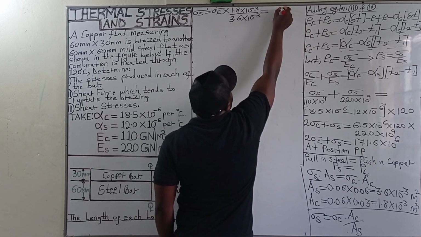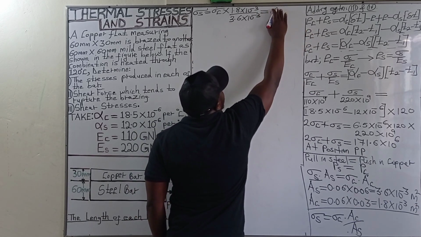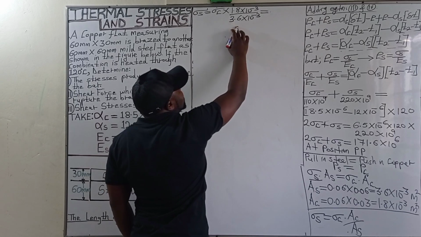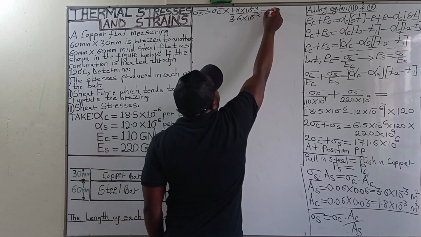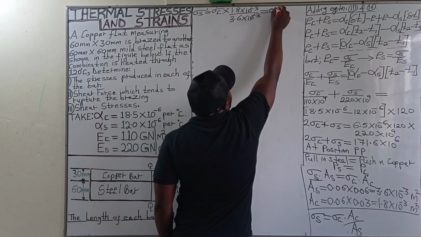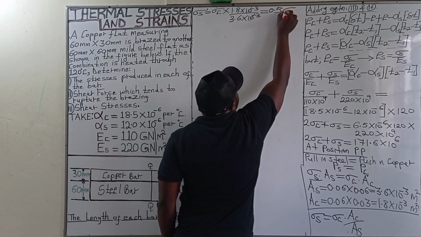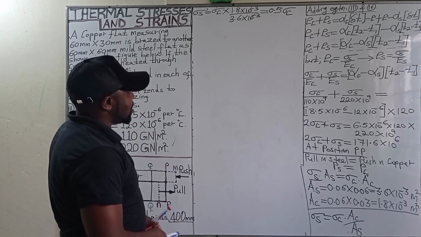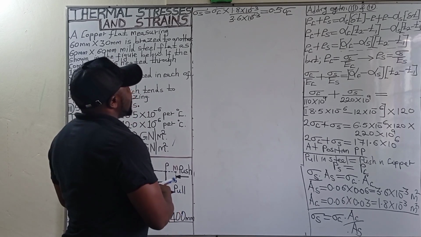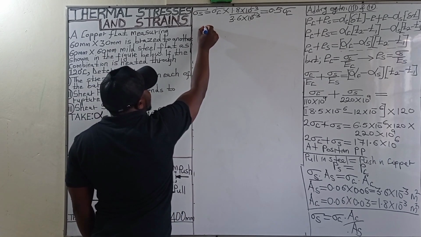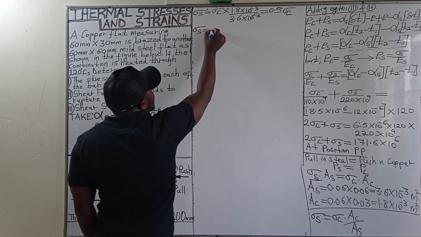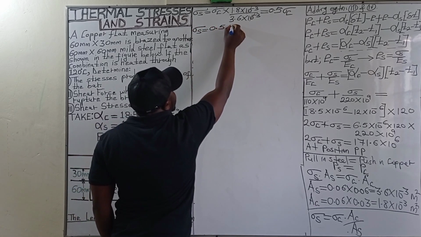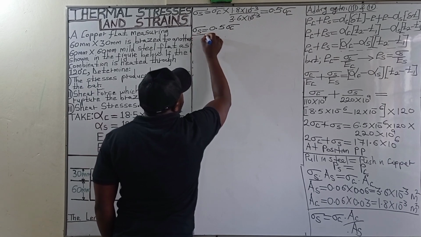And this is going to give you stress in copper, that is 1.8 divided by 3.6 is 0.5. So this is going to be 0.5 times stress in copper. So we are going to say that, or in other words, we have this relation, stress in steel is equals 0.5 stress in copper.